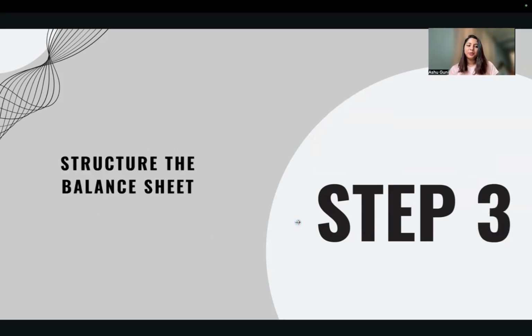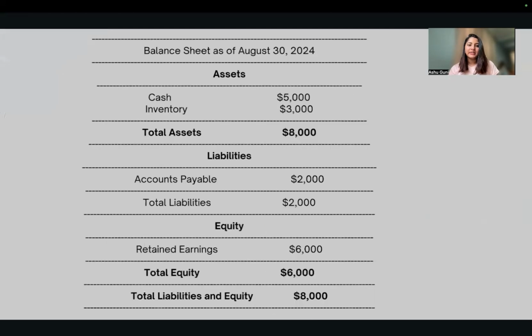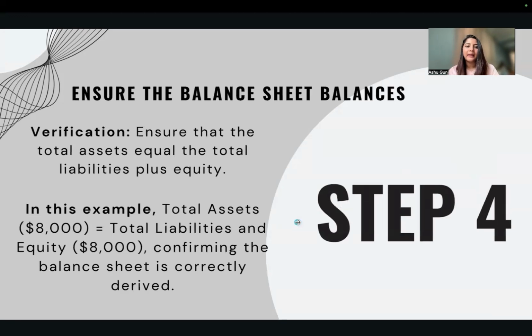And in step 3, we have to structure the balance sheet. Now we have to keep the assets, liabilities, and equity separately, and we have to take the total of each. And in step 4, we have to ensure the balance sheet balances by verifying that total assets equal total liabilities plus equity.